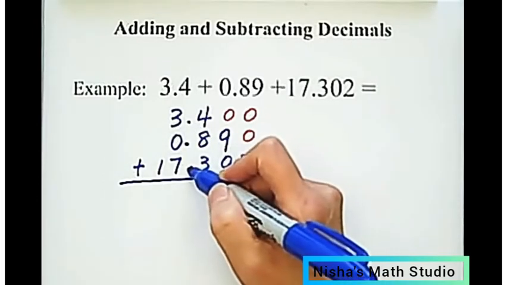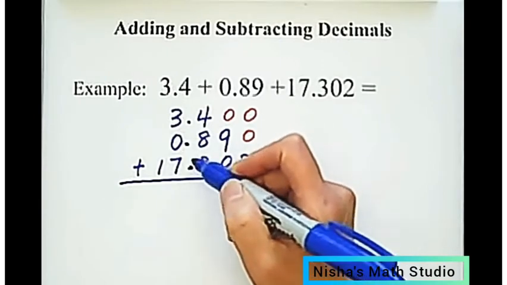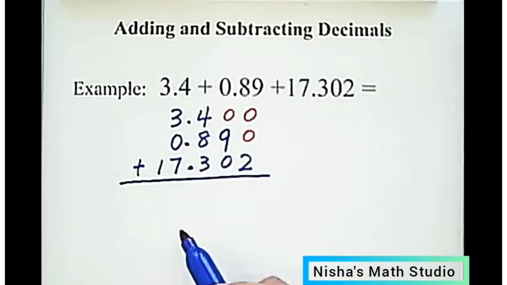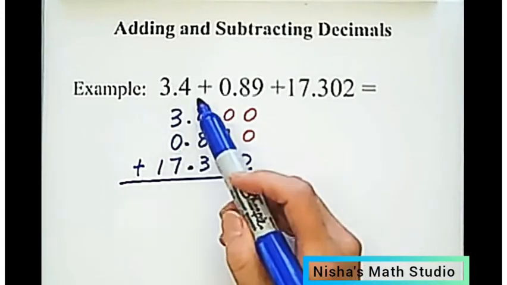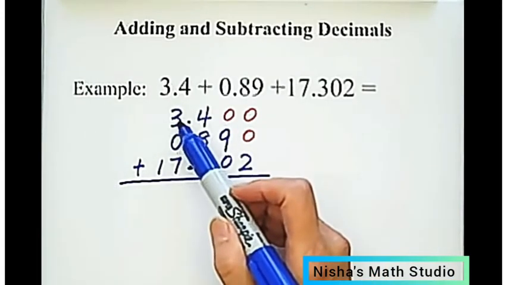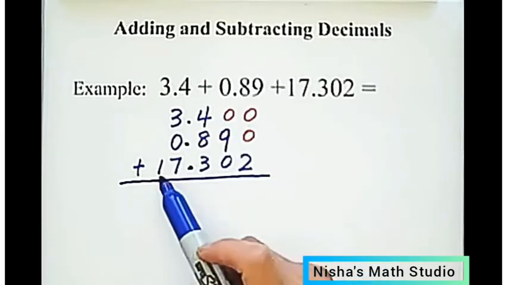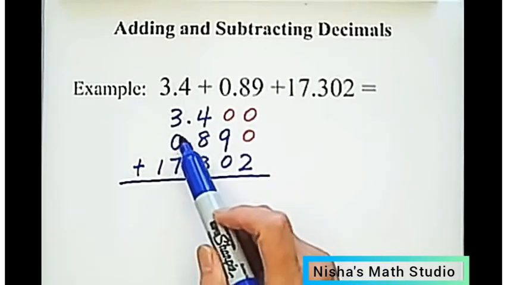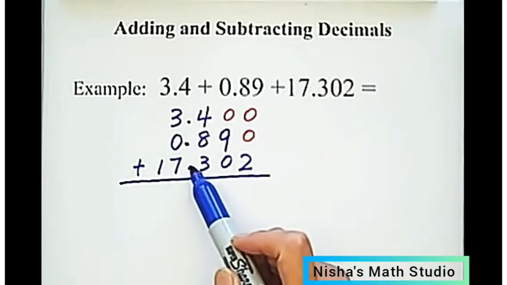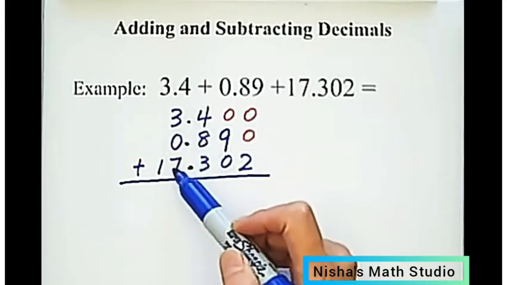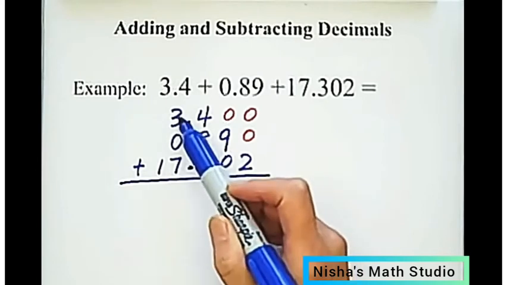Now you have the decimal points aligned one below the other. In the first number you have 3 in the units place. In the second number you have 0 in the units place. And in the third number you have 7 in the units place. So all of them should be aligned one below the other.